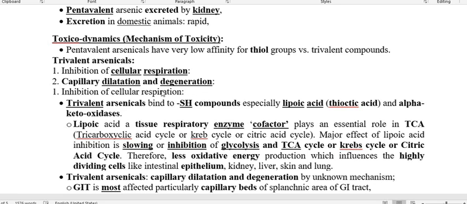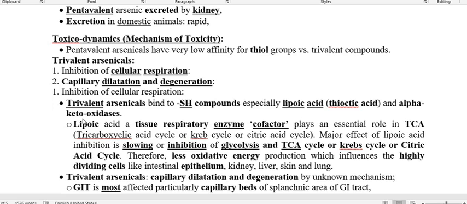If dilatation and degeneration occur, then this is going to produce hypotensive shock. And if there is hindrance in cellular respiration, therefore less ATP, an energy deficit, and therefore this is going to produce toxicity. One by one we have to go through this. The first one is the inhibition of cellular respiration.